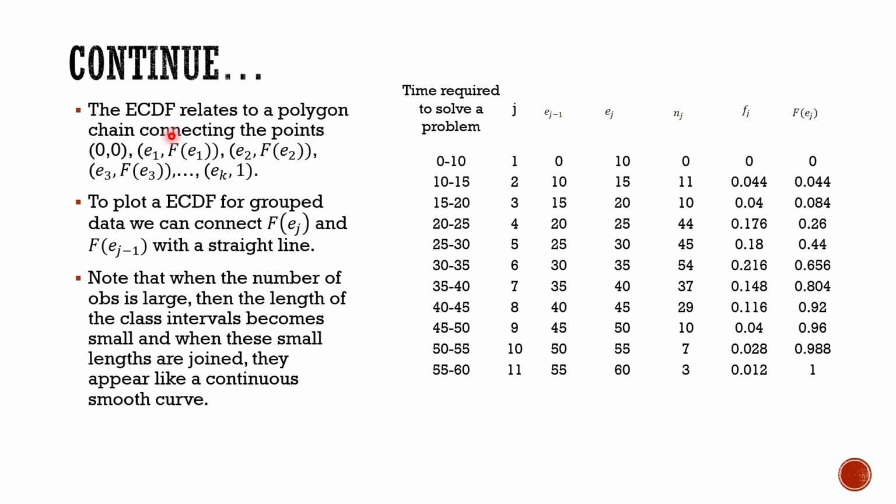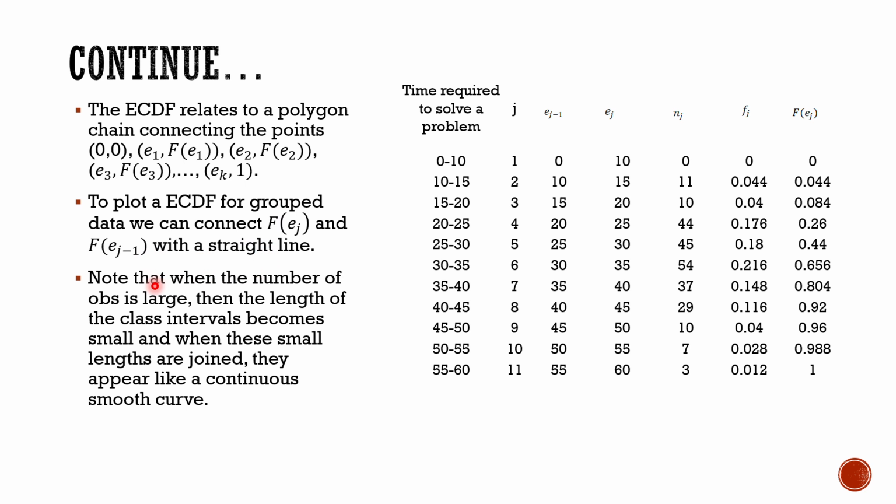So the ECDF is a polygon chain that connects the points like this: (0, 0), (e1, F(e1)), then (e2, F(e2)), and so on. To plot the ECDF for grouped data, we can connect all F(e_j) and F(e_(j-1)) with a straight line.